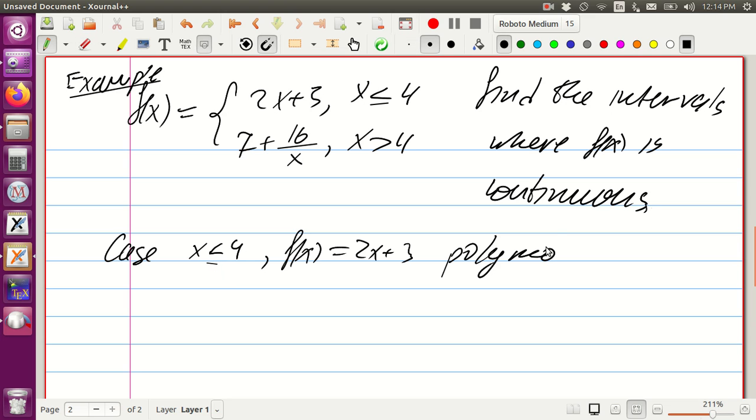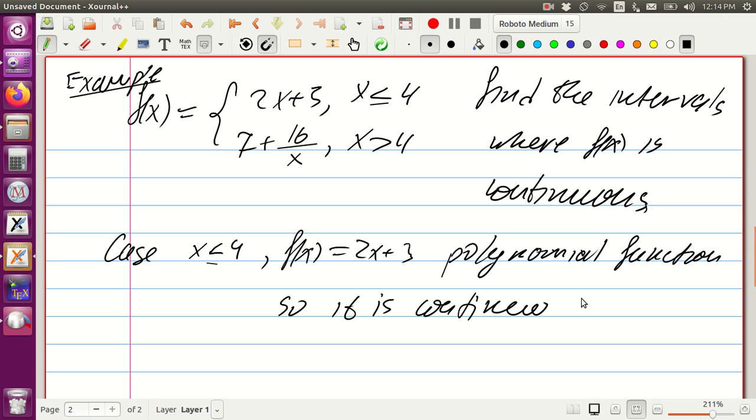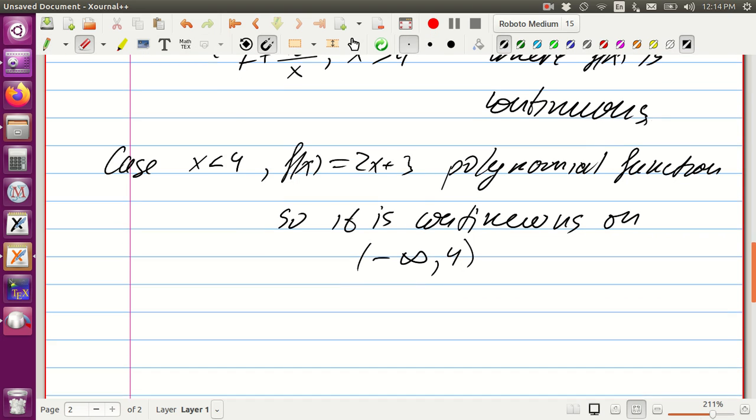It's a polynomial function which is continuous everywhere. So polynomial function, so it is continuous on minus infinity to 4. All right. Again, I'll exclude 4, so that will be a little bit easier.